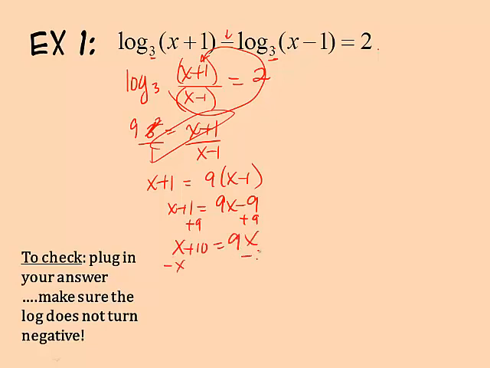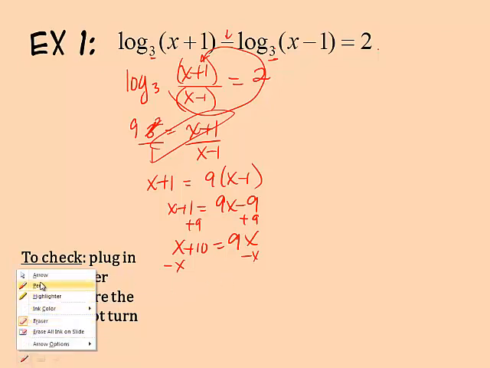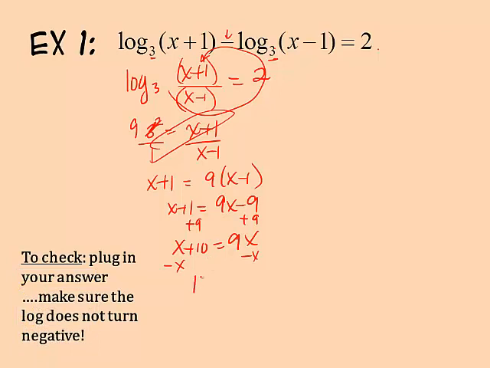Subtract 1. So I have 10 equals 8x. Divide by 8. And x is, if I reduce that 10/8, I get 5/4.